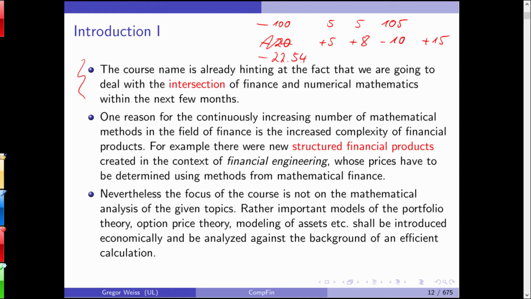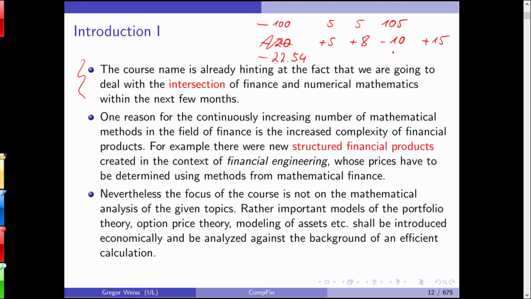It's not really a stock, it's not a security. Usually it's just an OTC contract, and in this contract you write, okay, A is willing to pay 5, 8, and 15, and B is willing to pay minus 10 and 22.54 in return. And then you draw up this contract, and this is the structured financial product.